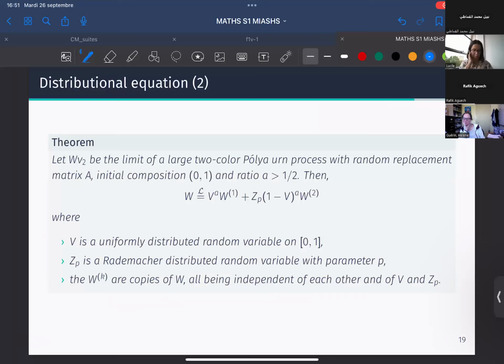Because, for example, when you have this equation, then you have this. You have this.